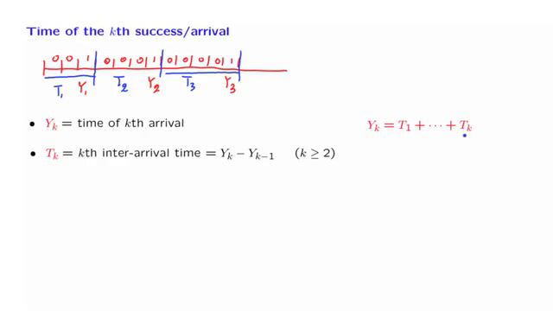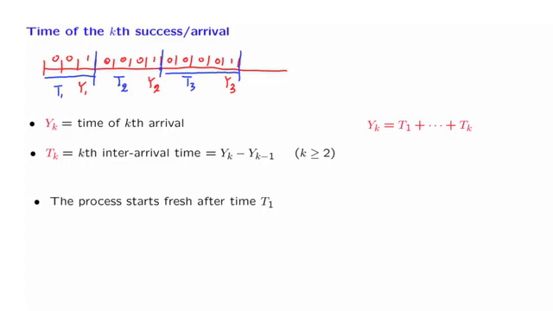So in order to study the random variable yk and its properties, the way that we can proceed is to understand first the random variables ti. What kind of random variables are they? Well, we know that t1, the time until the first arrival, has a geometric distribution with parameter p. Now, at the time of the first arrival, the process starts fresh. So after this time, there will be a sequence of independent Bernoulli trials, and t2 will be the number of Bernoulli trials it takes until we see an arrival.